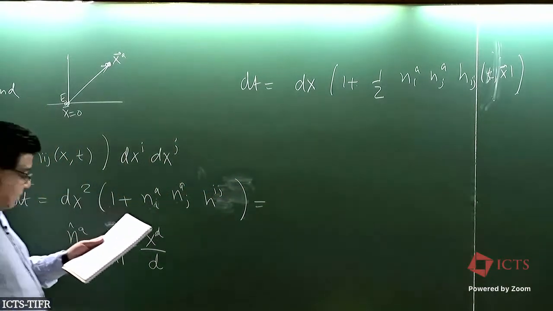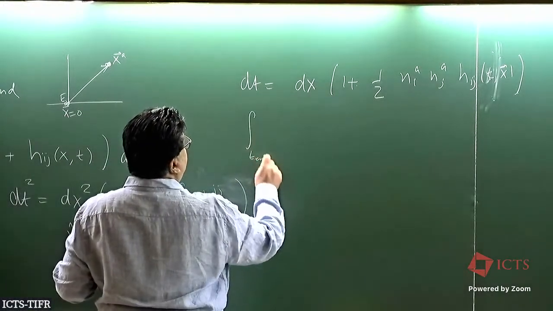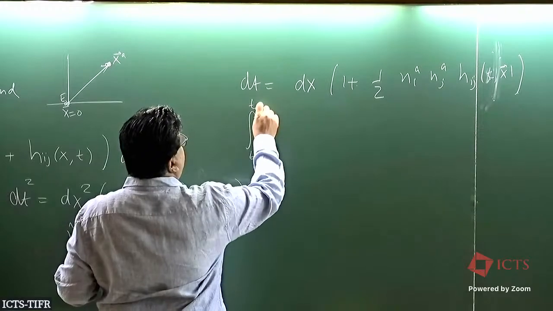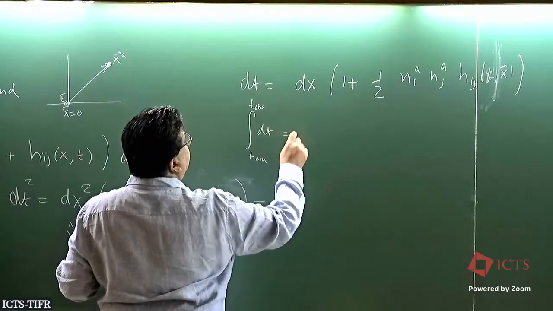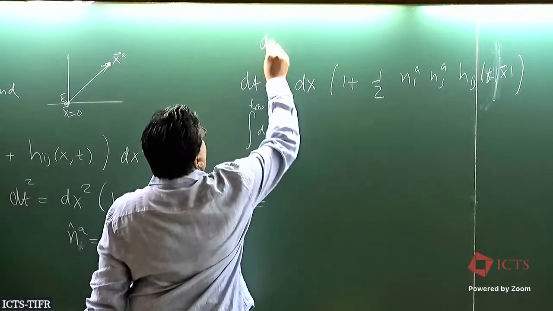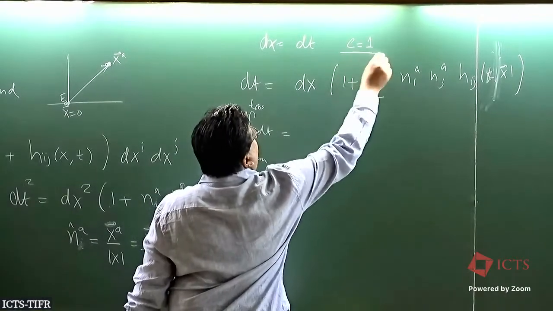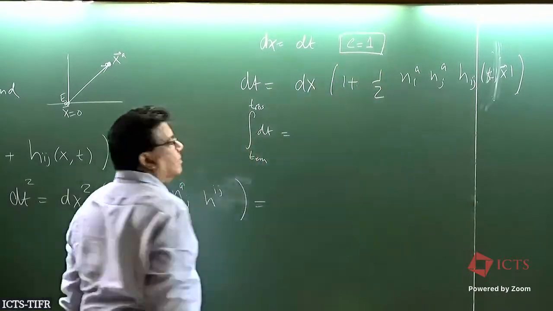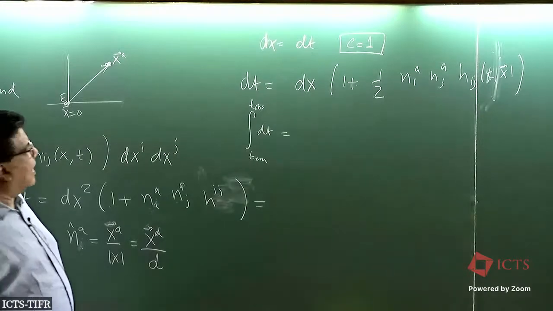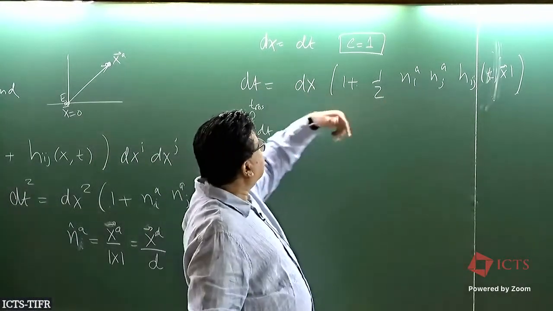What we'll do is, from t emission to t observation, dt, and here we will say that this dx is dt as c is 1, and that doesn't mean the actual path length is the same as the time.